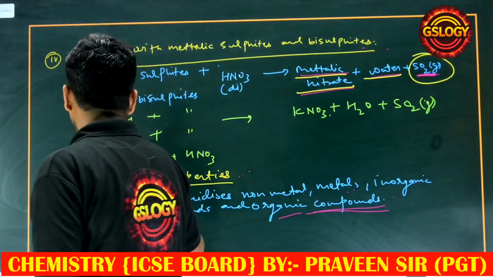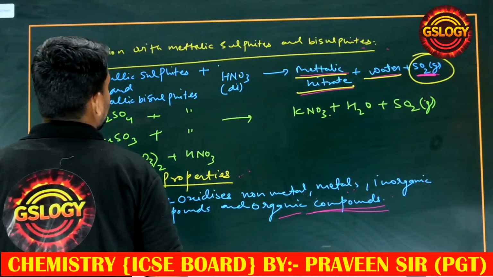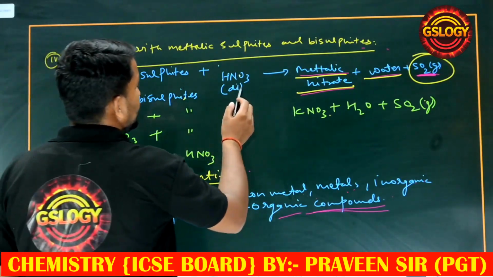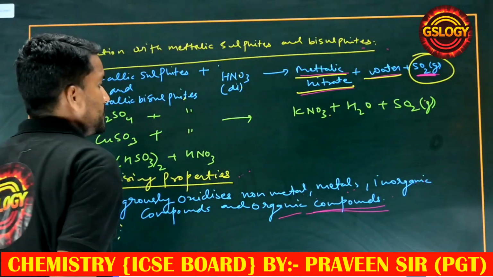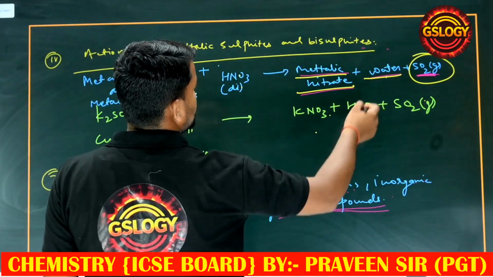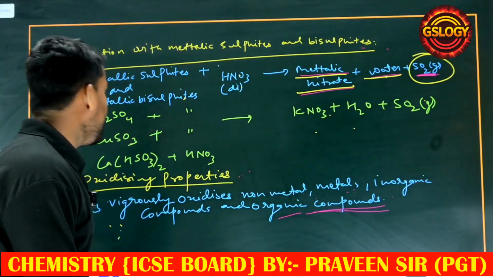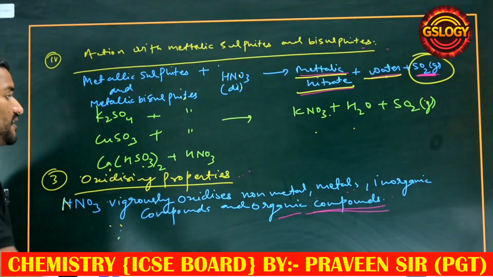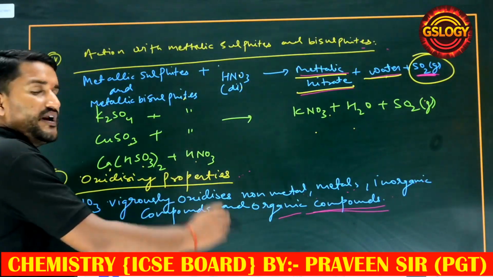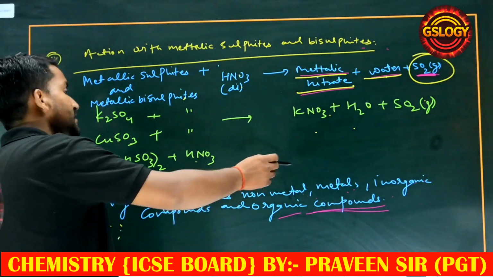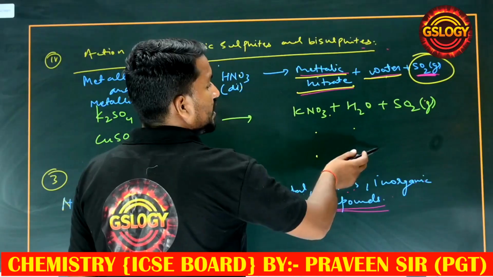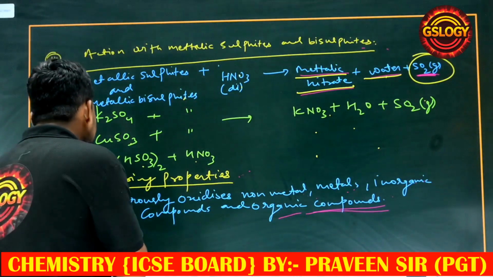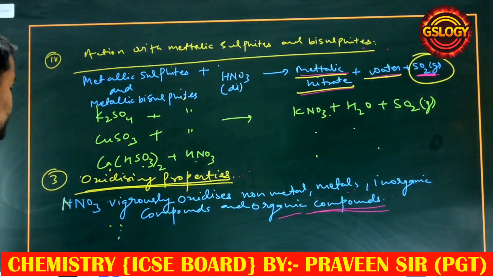Similarly, copper bisulfide reacts with dilute acid, then it will form copper nitrate plus water and sulfur dioxide. And calcium hydrogen sulfide reacts with dilute nitric acid, then it will form calcium nitrate plus water plus sulfur dioxide. Clear?